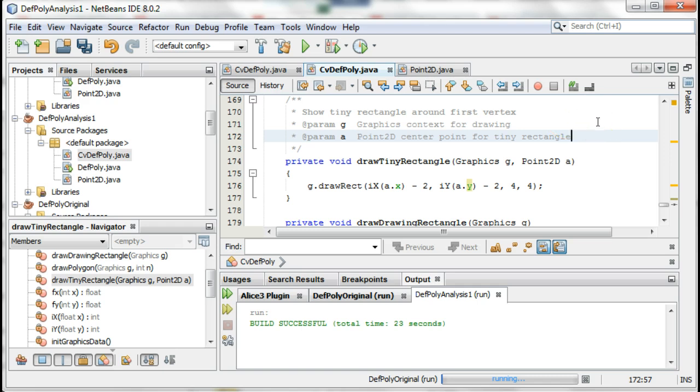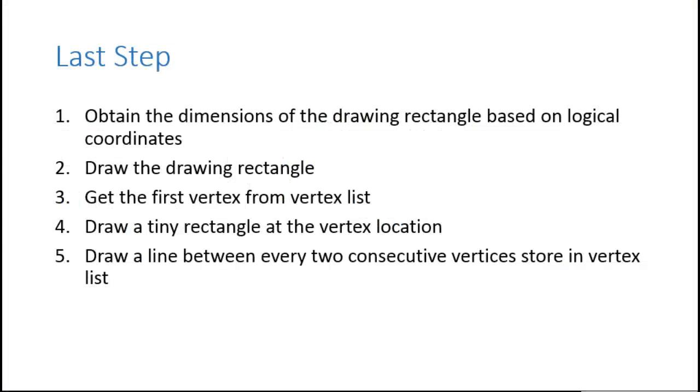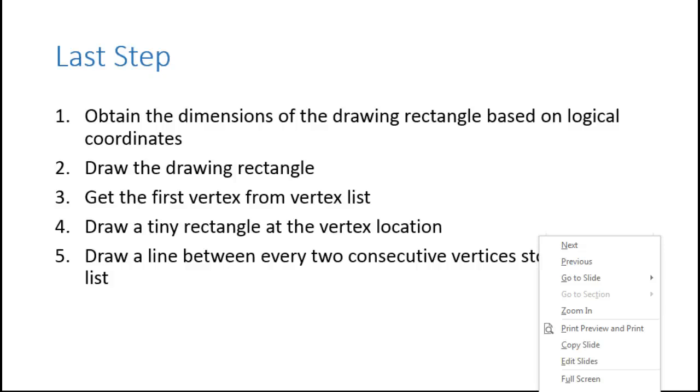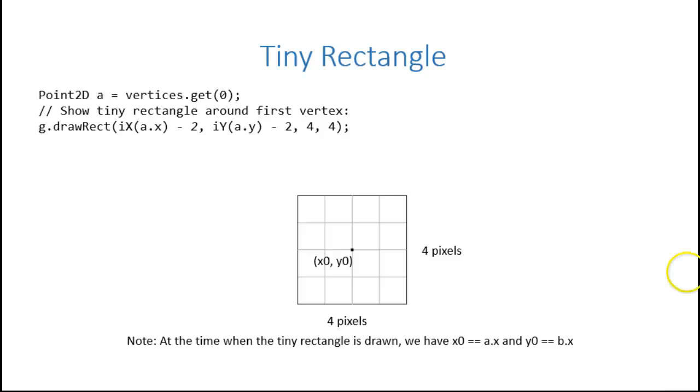Actually, I think I might even have a picture of this someplace. Let's see here. There it is. Okay, so here's our center point, and then we go left 2 pixels and up 2 pixels, and we draw this rectangle here, this 4x4 rectangle.